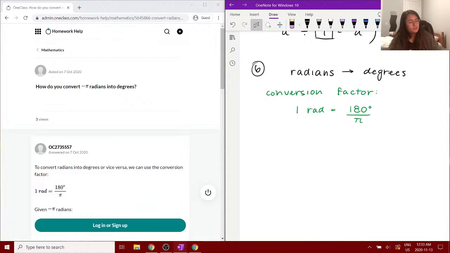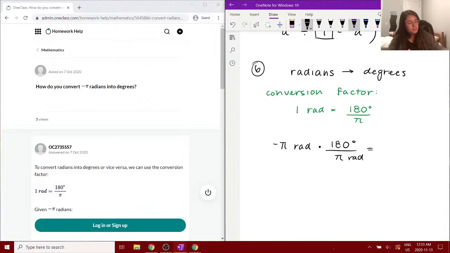So if we're given minus pi radians and we want to convert it to degrees, then we would want to multiply this by 180 degrees over pi radians, right?